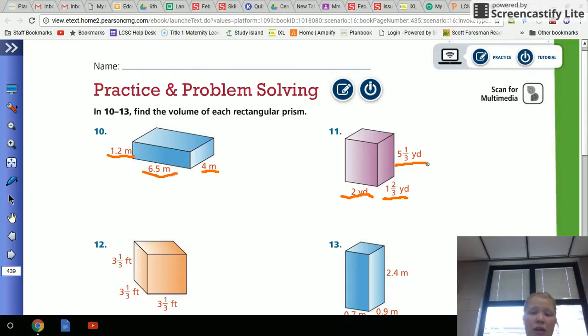I'm just using a calculator. And multiply that times 5 1/3. Okay. And your answer should have come out to 17 7/9 yards cubed. Or you could have left it as an improper fraction, 169 yards cubed.